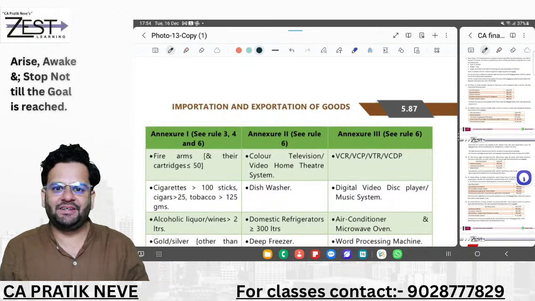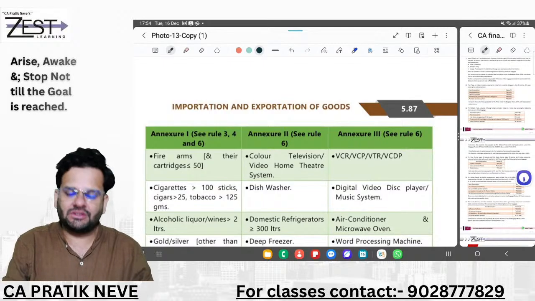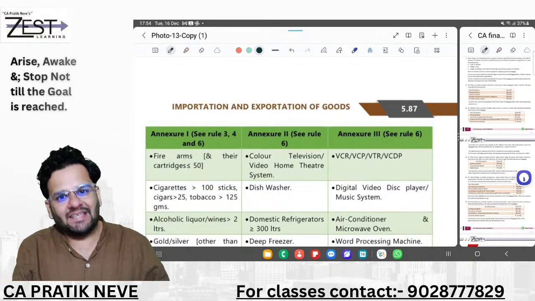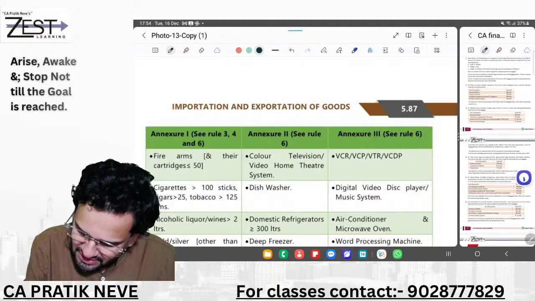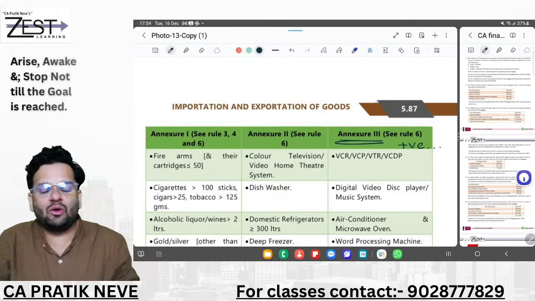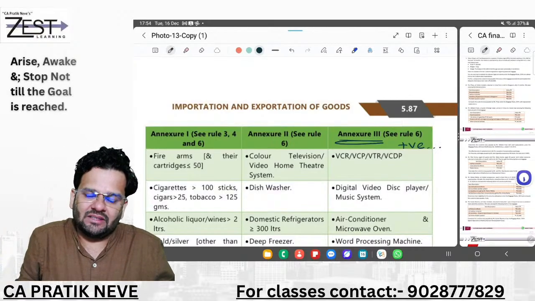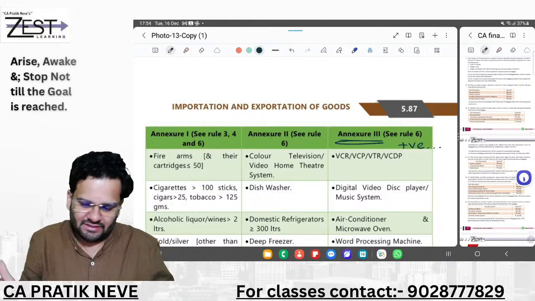Shall we go ahead? Now friends, understand a few more things. In rule 6, annexure 3 is the positive list. Means these things will be allowed in rule 6. Rule 6 was the transfer of residence.